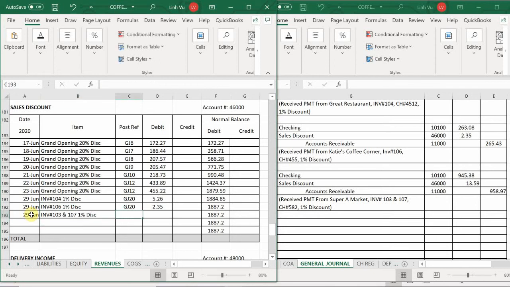General Journal 20, and this time it was for $13.59, okay, which gives us a total of sales discount to be... wait, I did not get that.